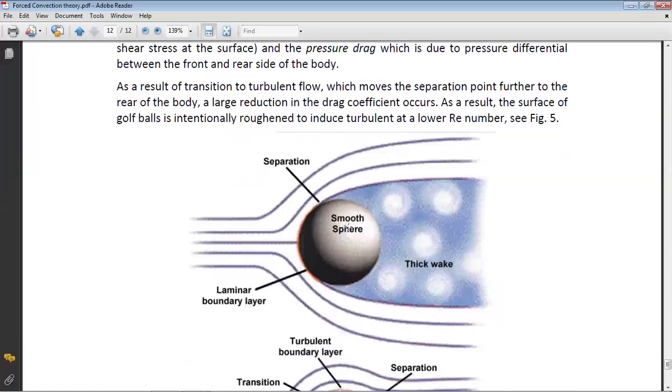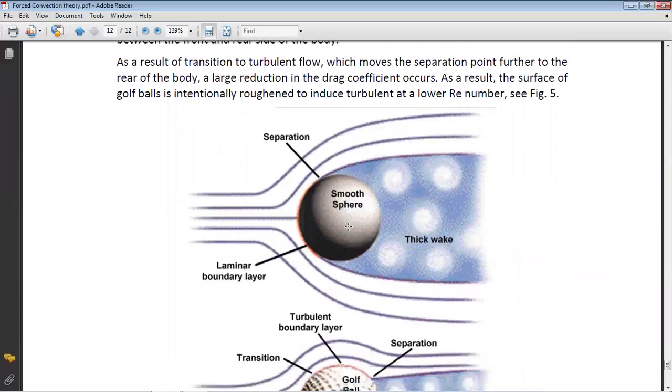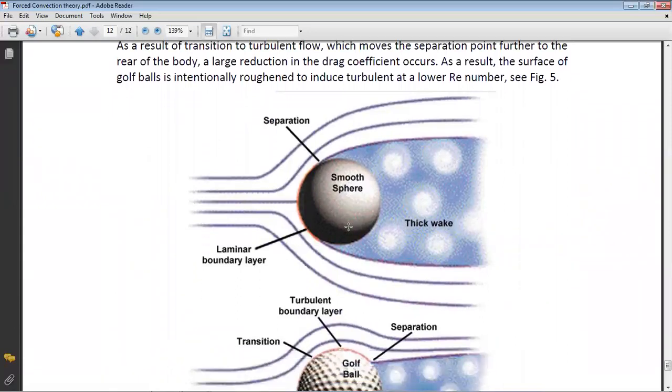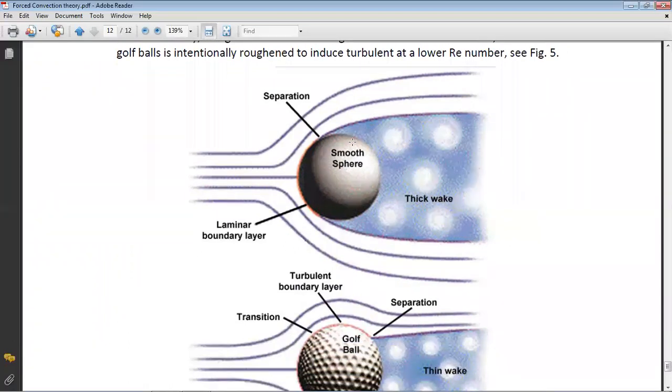This gives you a clear idea about the nature of the surface. If the surface is smooth, it will create a thick wake which will increase the drag coefficient, and if the surface is not smooth, it will reduce the formation of wake.